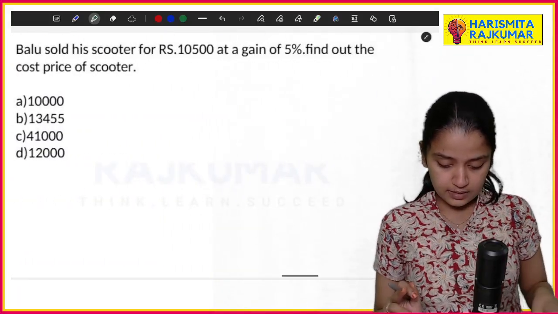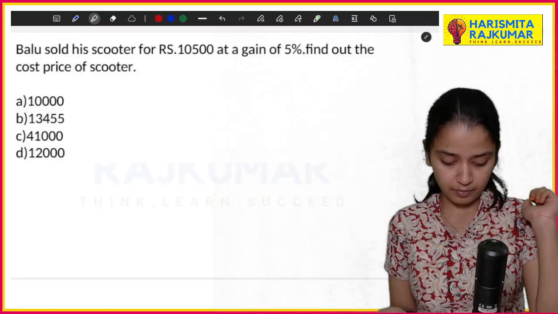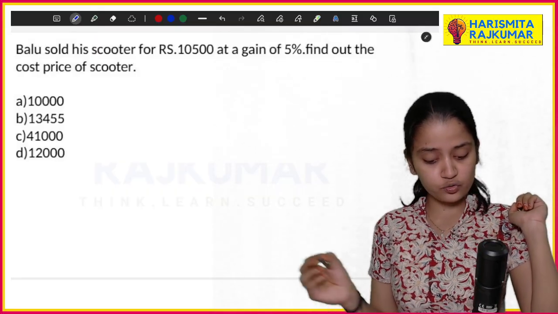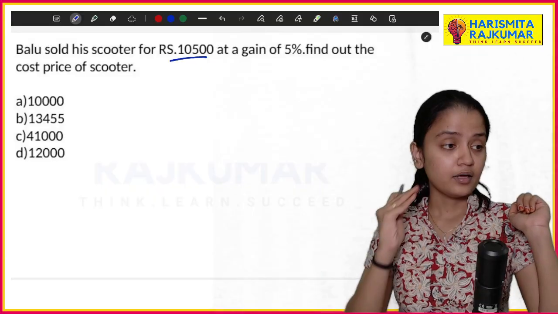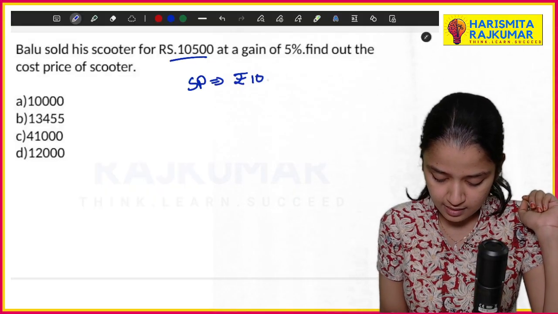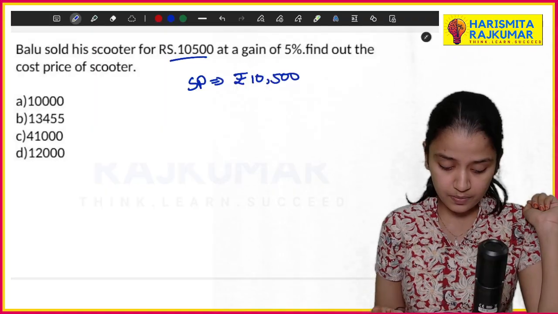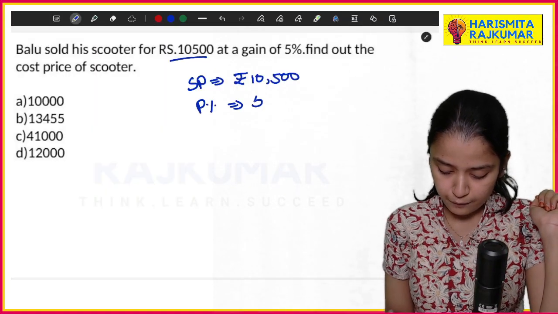Now let's go to the next question. Here Balu sold a scooter at a price of rupees 10,500. So the selling price given is rupees 10,500, and the gain percentage, which is the profit percentage, is 5 percentage.